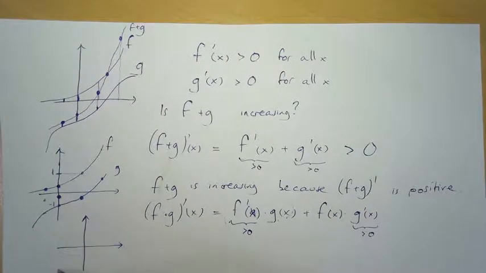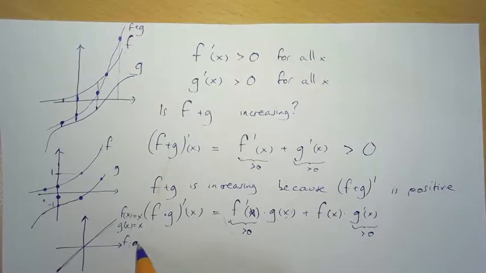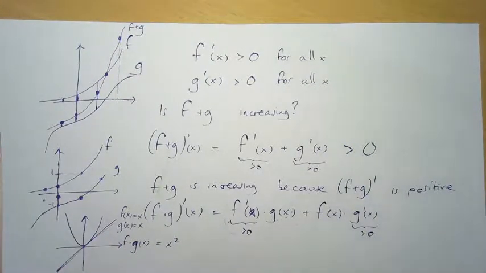And I think if we choose f of x just equals x, and we choose g of x equal x as well, what is the product of f and g? F times g of x is x squared, and we know what x squared looked like, and clearly it is not increasing everywhere.